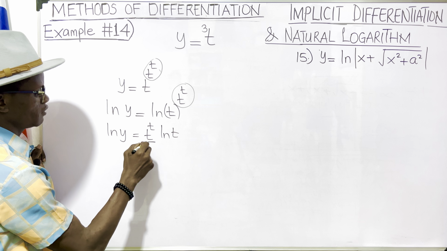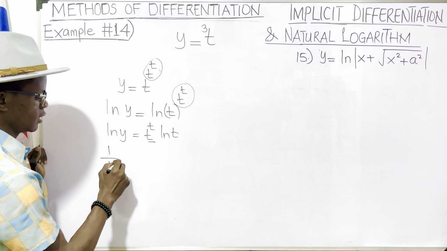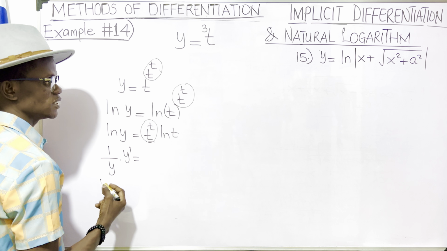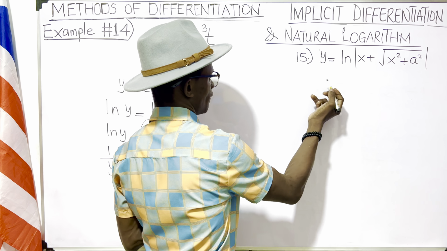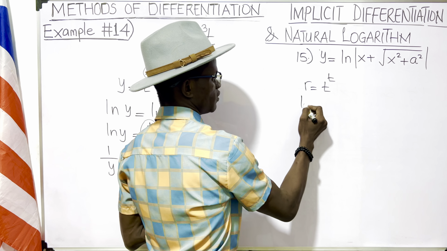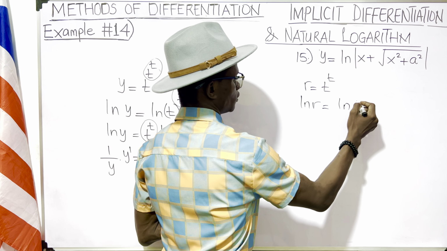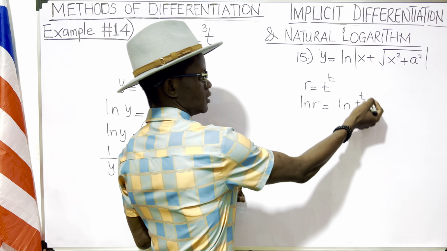To find the derivative of this, the derivative of ln of y is equal to 1 over y times y prime. But the derivative of t raised to the power t, again, we need to do separately. So we can say r equals t raised to the power t. Taking the ln on both sides, ln of r is equal to ln of t raised to the power t. This t can drop.